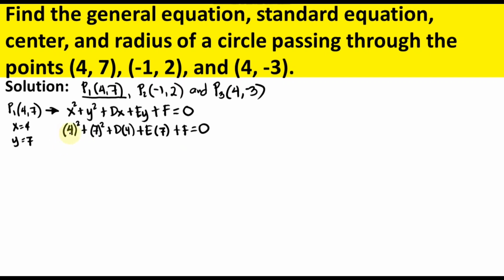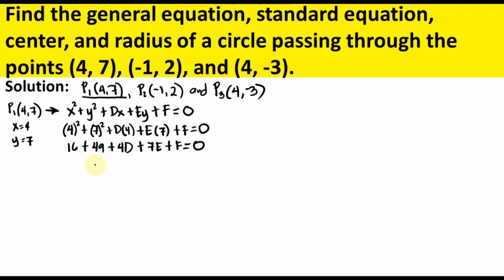Next, simplify 4 raised to 2, that is 16, plus 49 plus 4 times d, that is 4d, plus e times 7, that is 7e, plus f equals 0. Next, simplify.